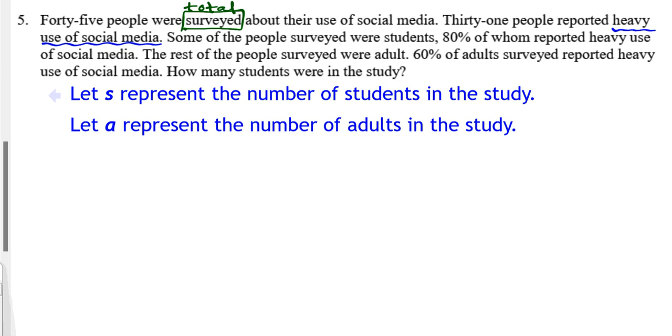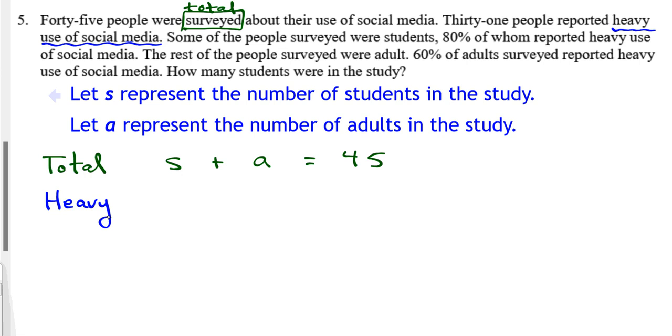We were told a total number: the number of students plus the number of adults is going to equal 45 people who were in this study. Next, we're told about those who were heavy users of social media.